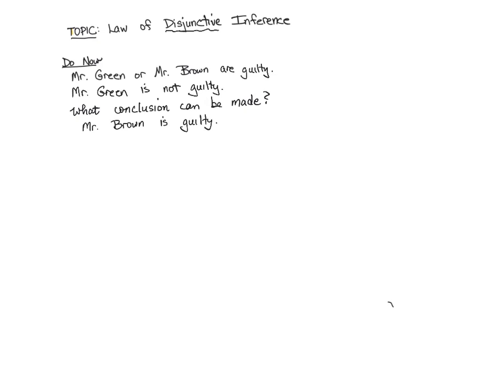So, let's reason this through. Let us rewrite this situation with logical symbols. Let P represent Mr. Green is guilty. And let Q represent Mr. Brown is guilty.